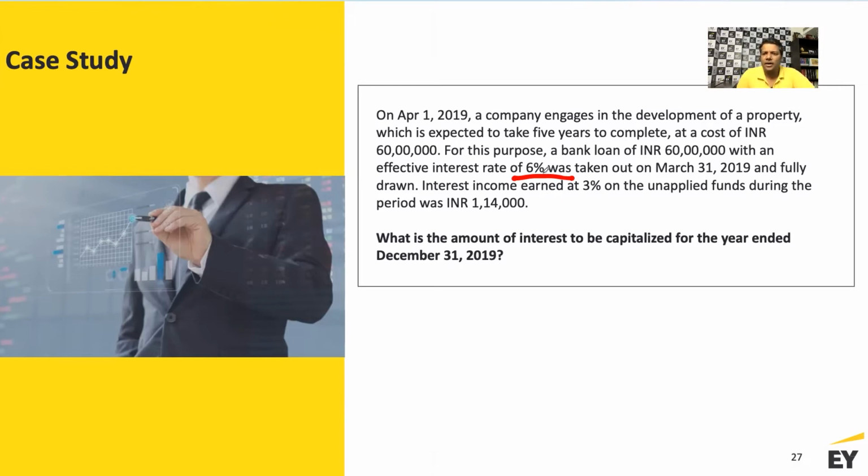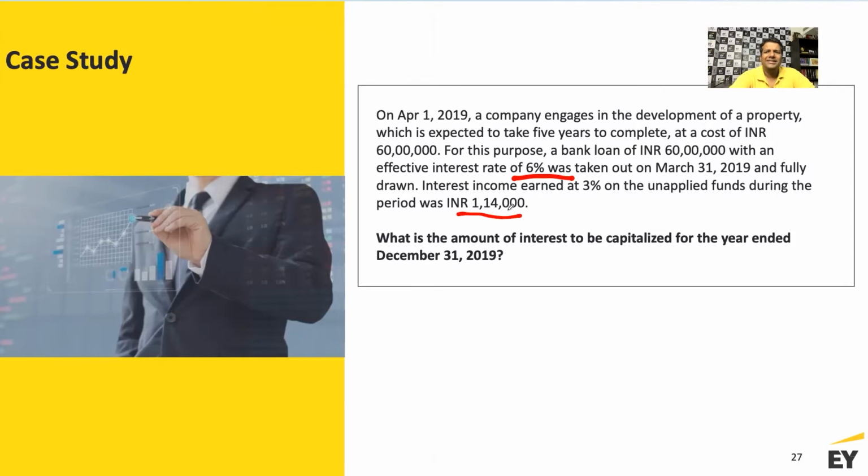Interest income earned at the rate of 3% on the unapplied fund during the period was 1,14,000. That is how much interest I earned when the money was lying idle. I was paying interest at the rate of 6% on the 60 lakhs I borrowed.